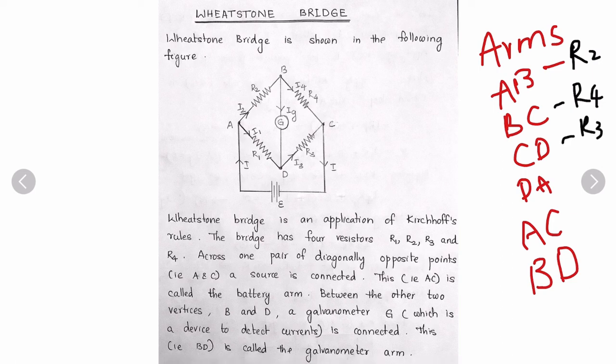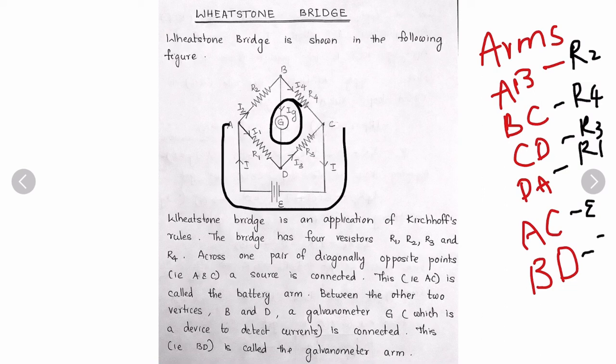In the arm DA we have R1. In the arm AC we have taken the battery with the EMF E. And in the arm BD we have taken the galvanometer G. So this is the circuit connection.